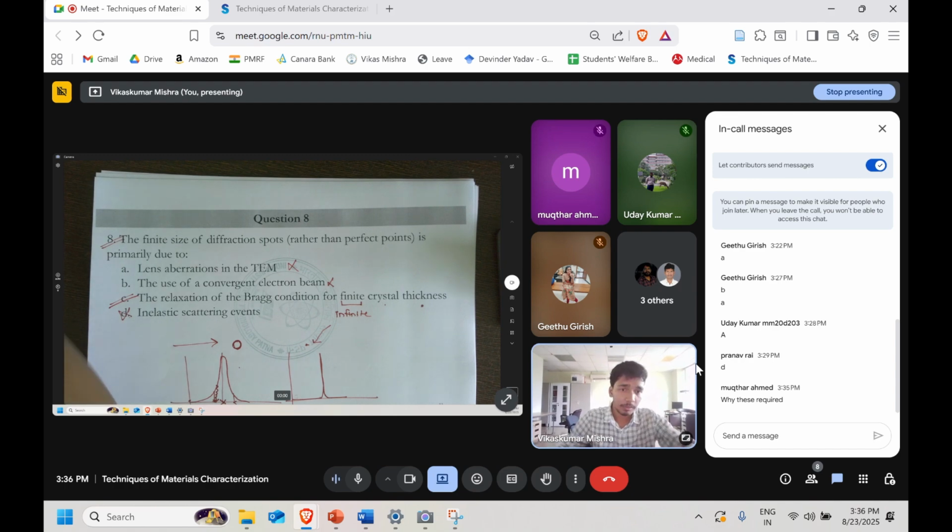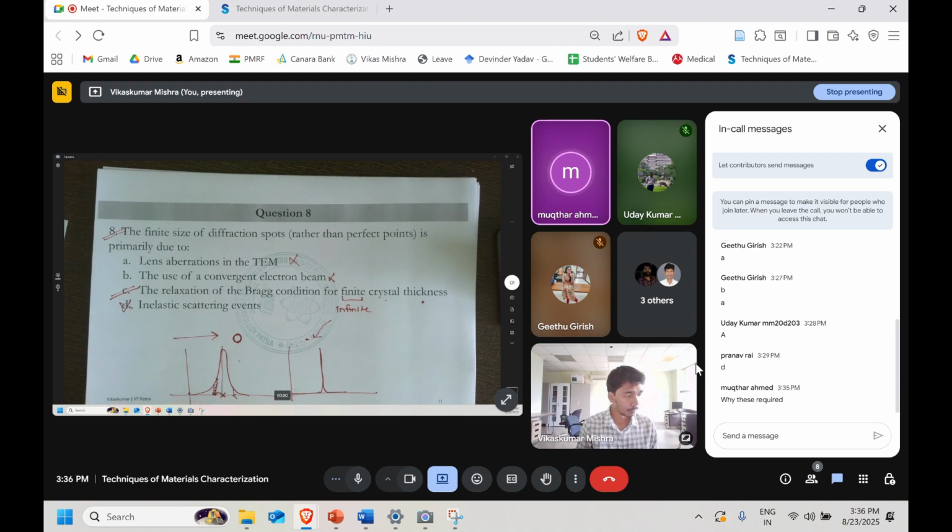Can you repeat once more? There was some noise. In the whole process of the TEM, why is relaxation of the Bragg condition needed? Is it theoretical, or is it related to something practical? Is it an assumption, or something a user really faces when operating the TEM, and needed for the application?